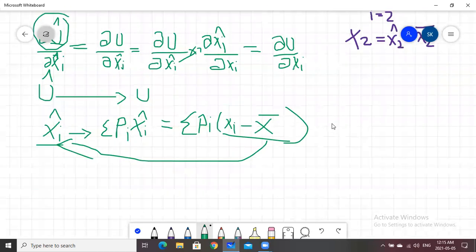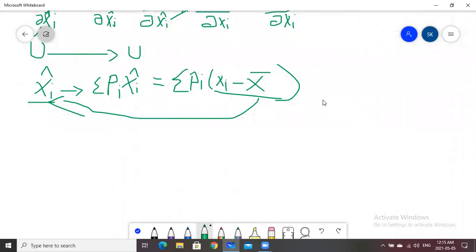So what happens next over here is that xi is equal to, we also know that if we leave xi on the same side, xi is equal to xi hat plus x bar.